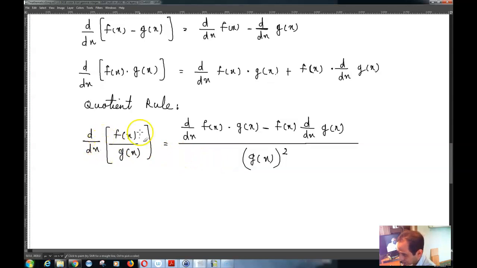So d by dx of f of x by g of x is the derivative of the first function times the second function minus the first function times the derivative of the second function, and then you have the second function in the denominator whole squared, whenever g of x squared is not equal to 0, of course.